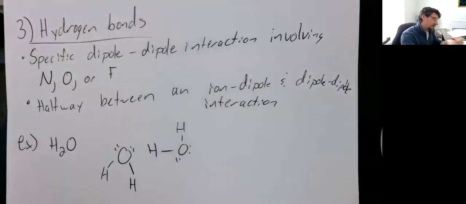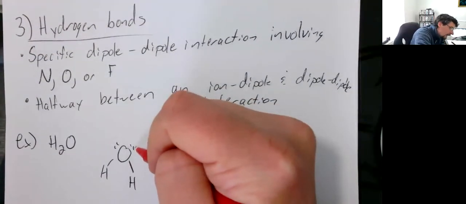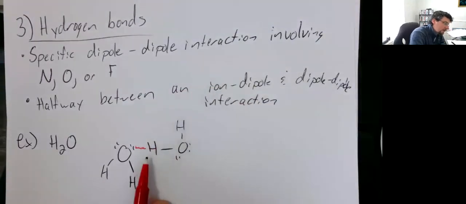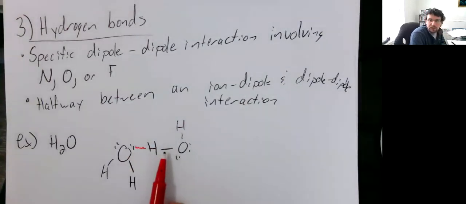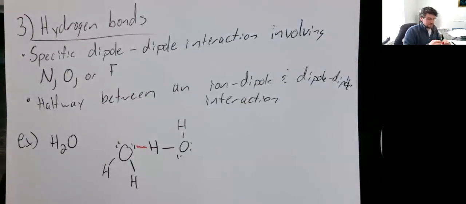So in this case, the lone pair on this oxygen is attracted to this hydrogen. And what happens is there's sort of like a quasi bond that forms here, and this bond will get weaker. This happens throughout the system though. So that's why it's considered to be between an ion-dipole interaction and a dipole-dipole interaction.